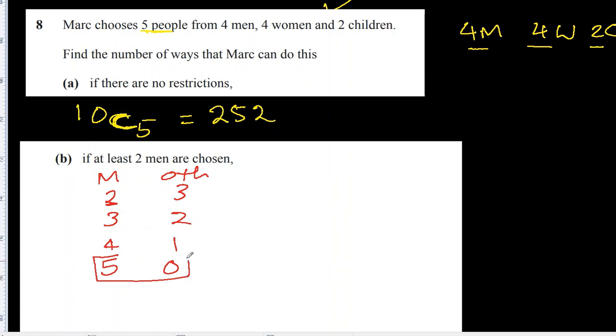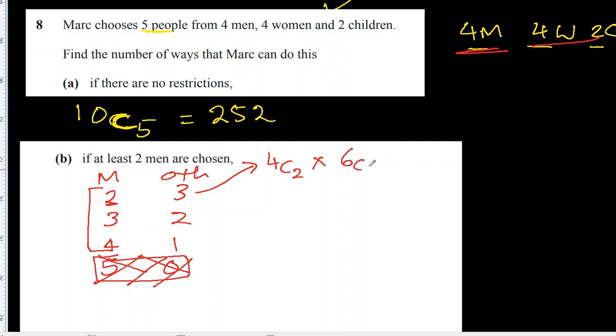But the problem is 5 men are not available. We have just 4 men. That means this condition is invalid. We have just these 3 conditions. And now let's interpret them into selections. We are selecting 2 men out of 4. And the remaining are 6, 4 plus 2, 6.